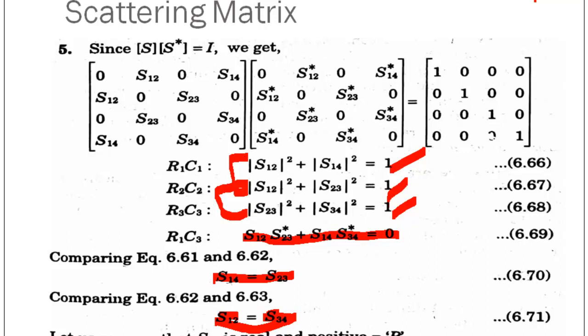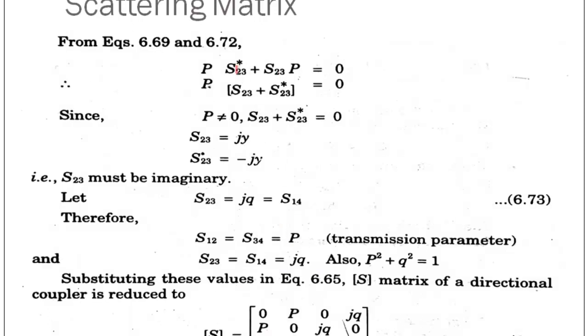Now applying this into this particular equation, we will get P multiplied by S23 star plus S23 P. Now taking P common, we will get S23 plus S23 star is equal to 0. Since P is real, it will not be 0. This particular term will be 0.